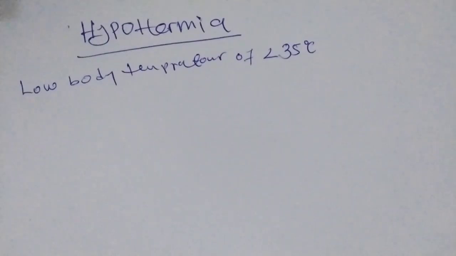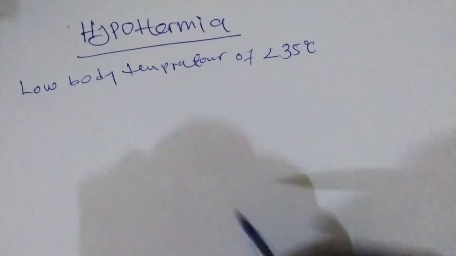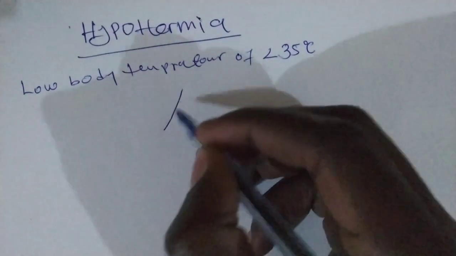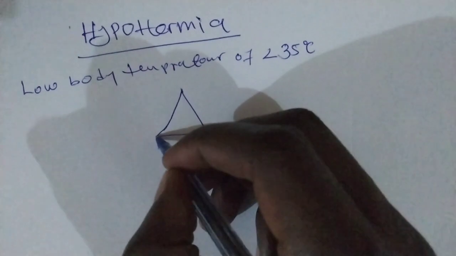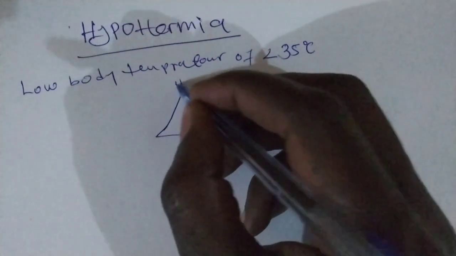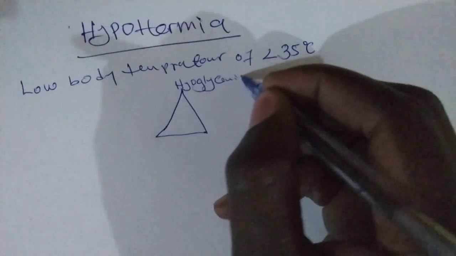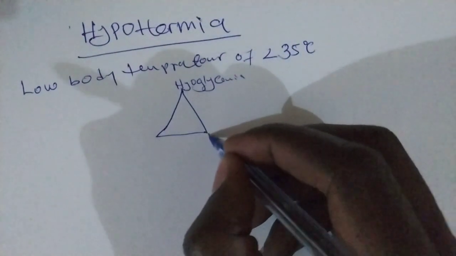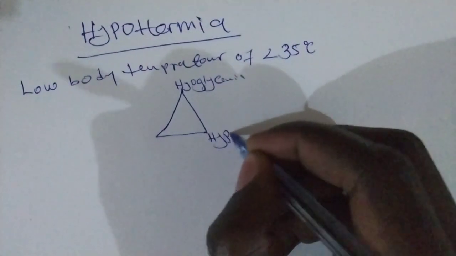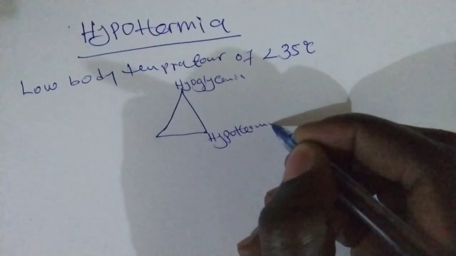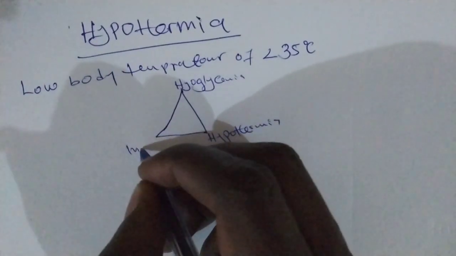If someone is having hypothermia, you will have to assume that the person is also having hypoglycemia and infection. So there is hypoglycemia, this one is hypothermia, and this one is infection.